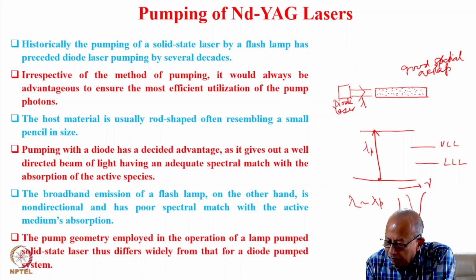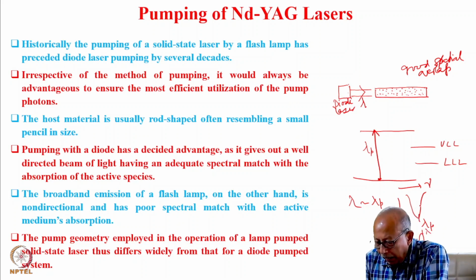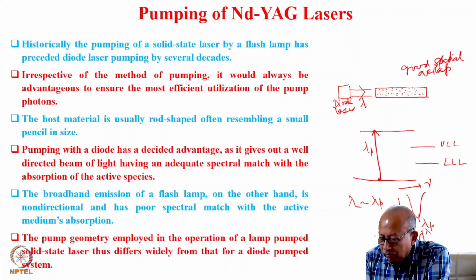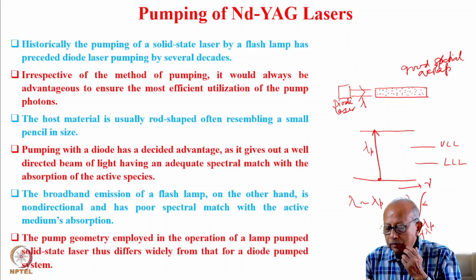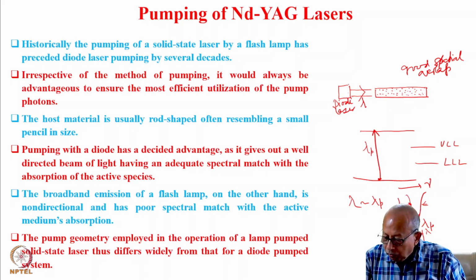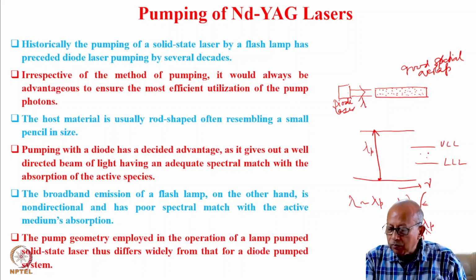The wavelength of the diode laser will be very close to lambda p, and the emission width and the absorption width would nearly match. So therefore, almost all the photons contained in the diode laser beam will be absorbed by these absorbing atoms.